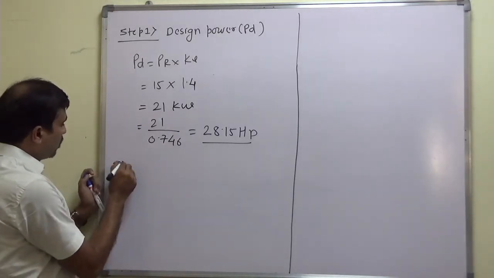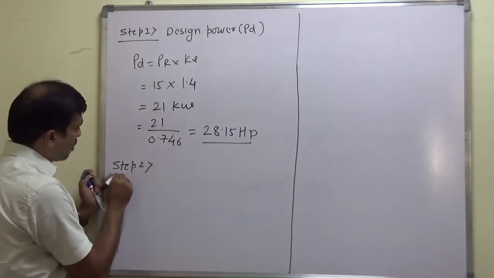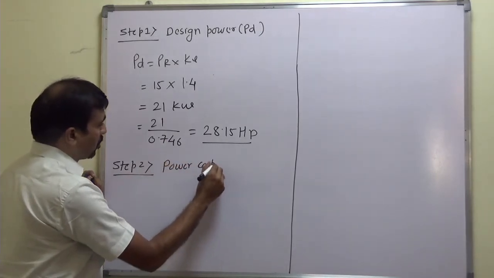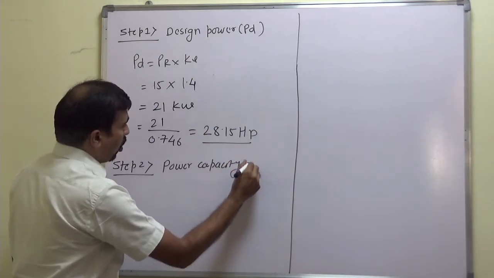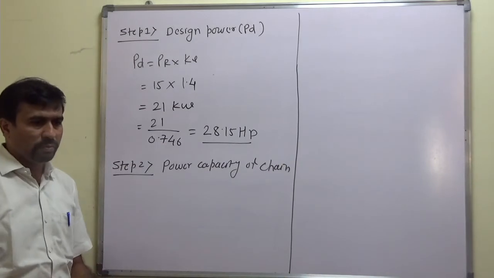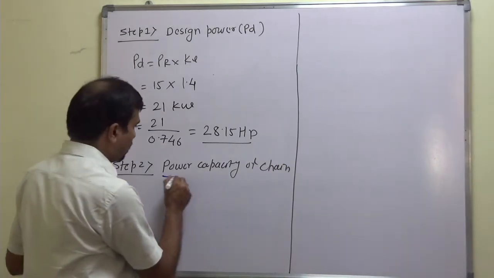Step number 2, that is what? Power capacity of chain. Step number 2, power capacity of chain.